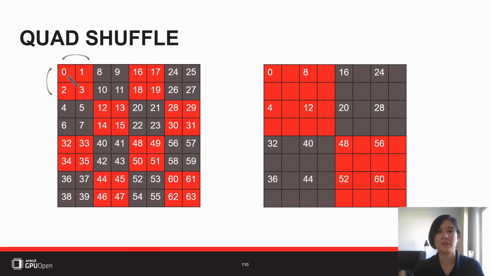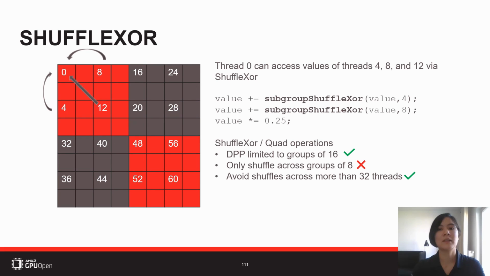In the quad-like pattern, it's 0, 4, 8, and 12. These need to be swizzled again so we can compute the next output value. So from MIP2 to MIP3, we need to swizzle between threads 0, 4, 8, 12.